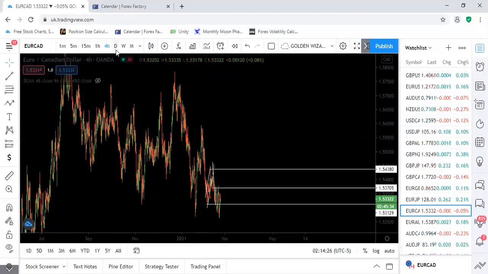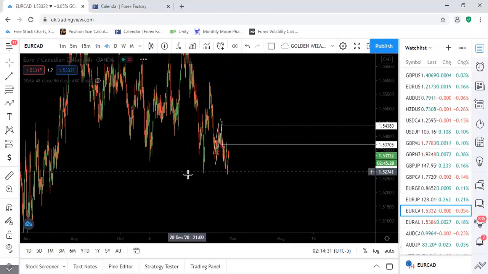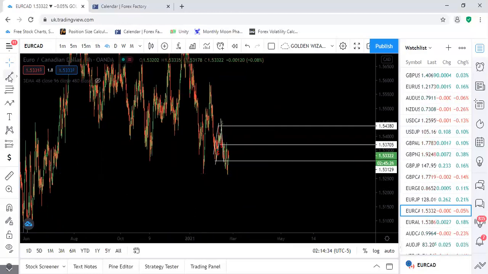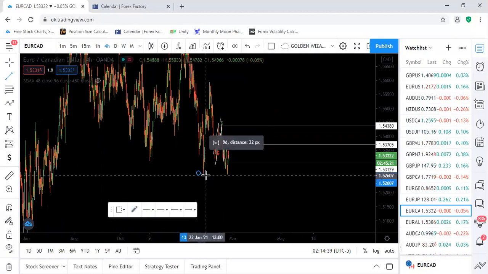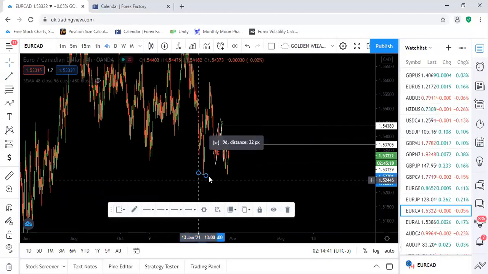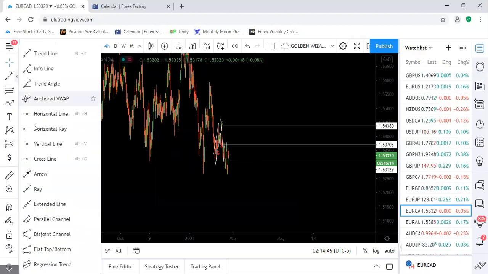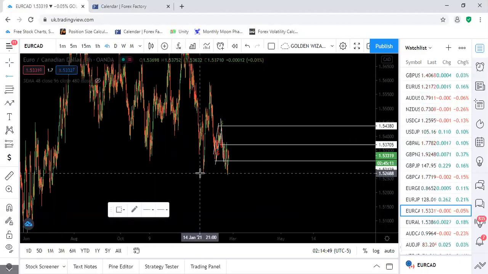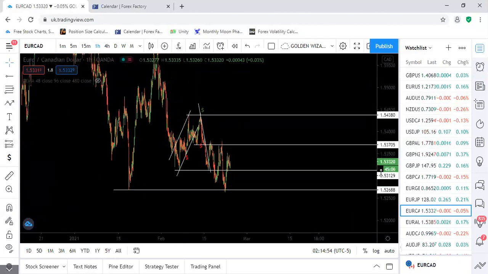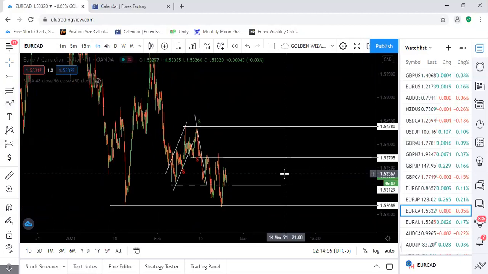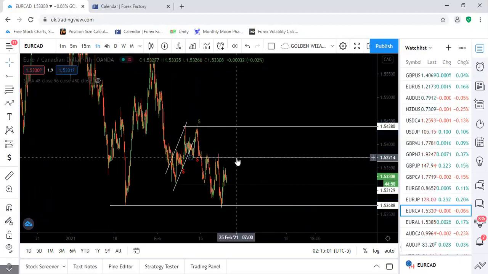EuroCAD. So EuroCAD right away, I see this low has been broken and there's been some bullish momentum. So I want to see this on the 1 hour.